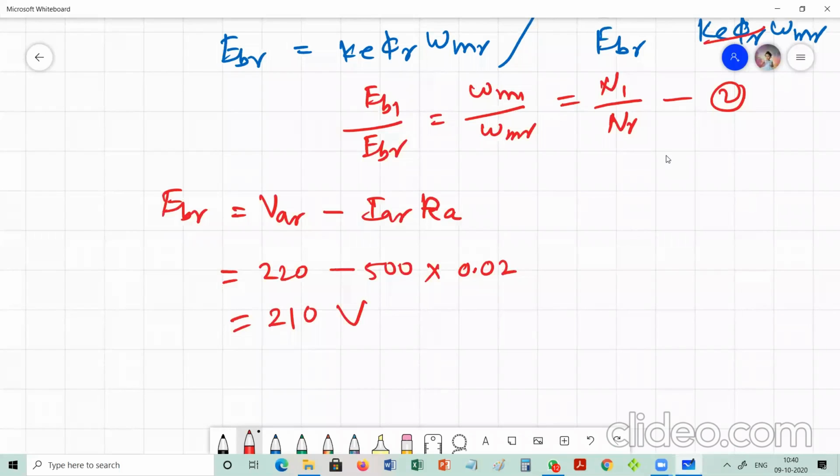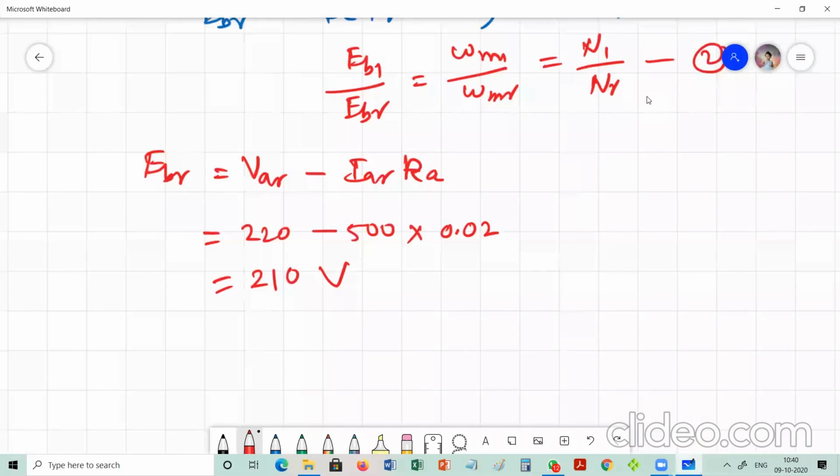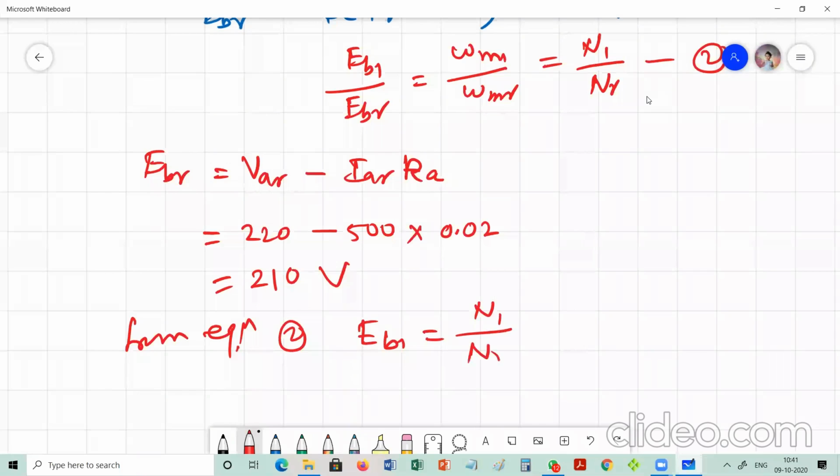Once we have calculated EBR, now we can go for EB1. From equation 2 we can write EB1 is equal to N1 by NR into EBR.